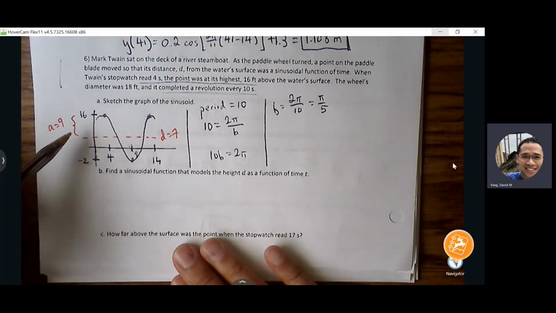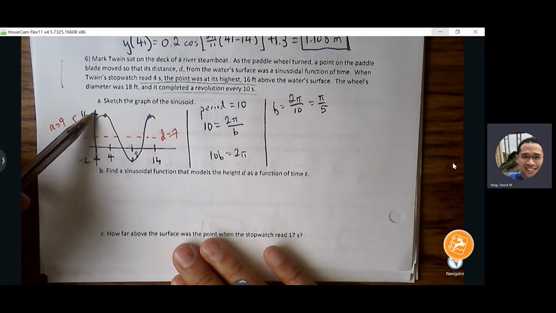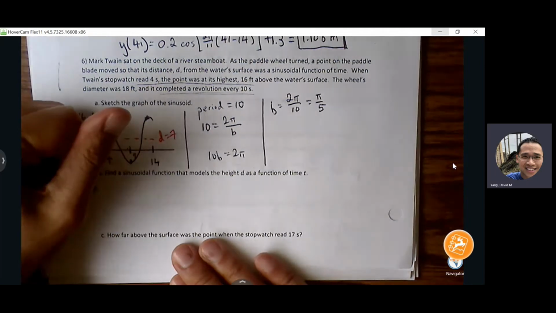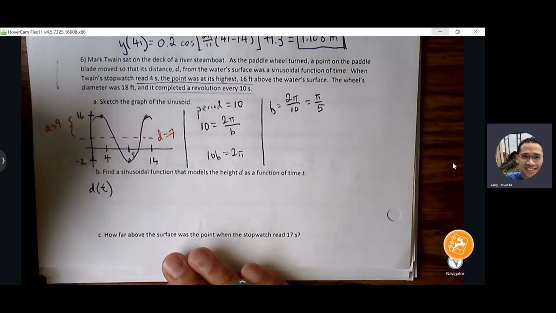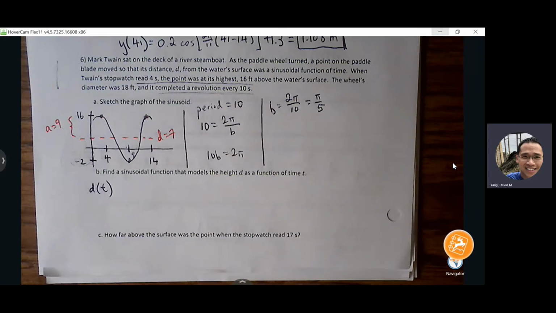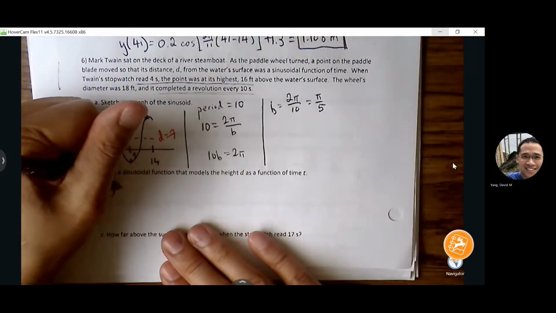Okay, so I think cosine is the easier one because I can imagine the peak being at 0, and I just have to shift it over 4 seconds. But after we write our cosine function, let's also write the sine function to practice going back and forth between them.